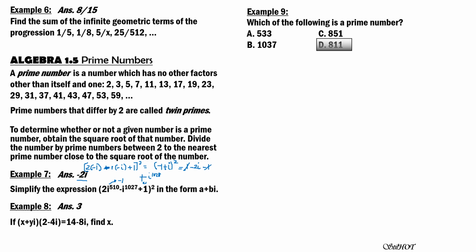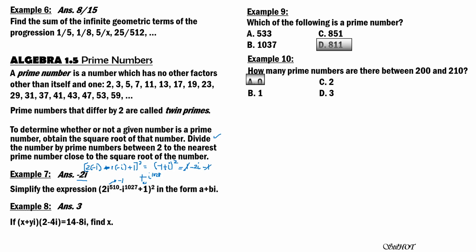So you apply this because I demonstrated an example on determining whether a given number is prime or not. So you have to show that 811 is a prime number. How many prime numbers are there between 200 and 210?